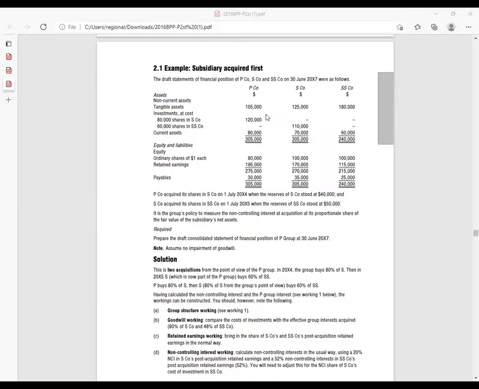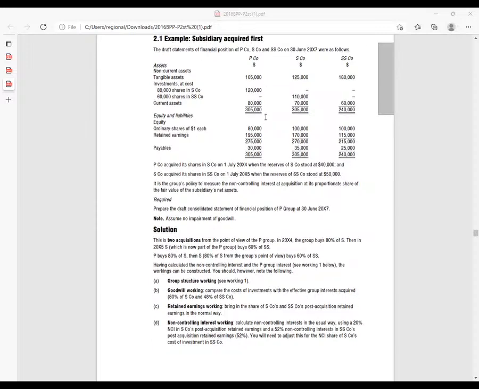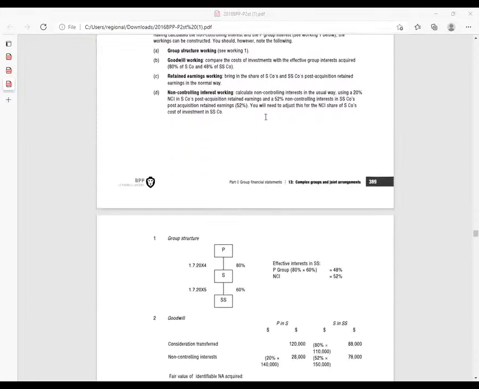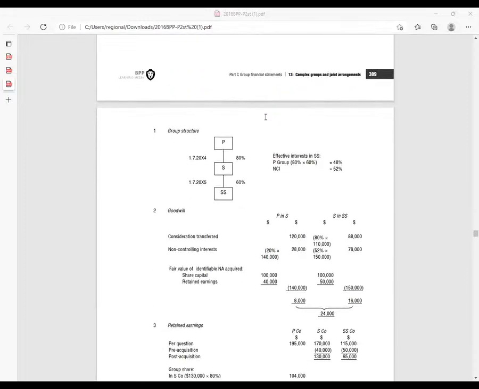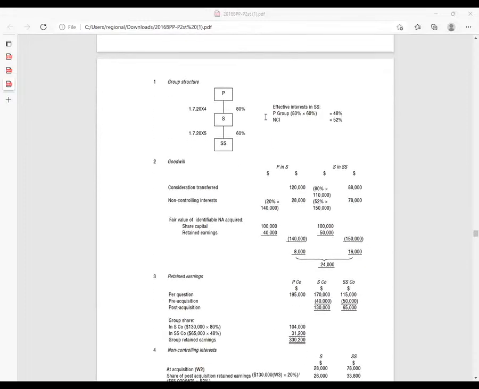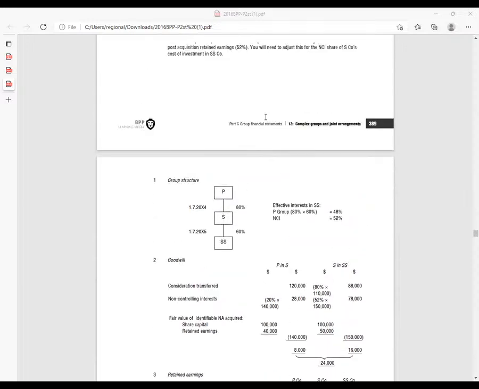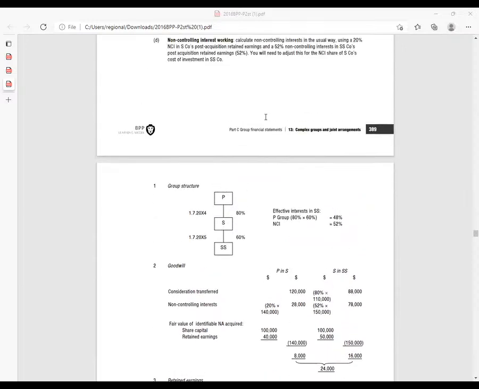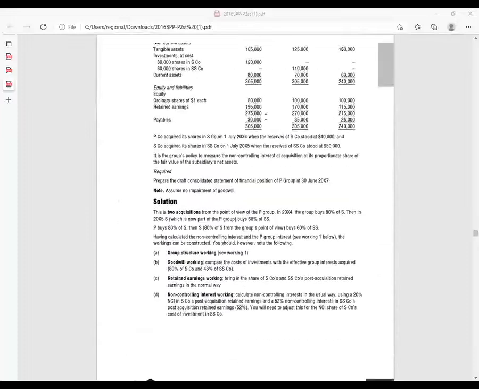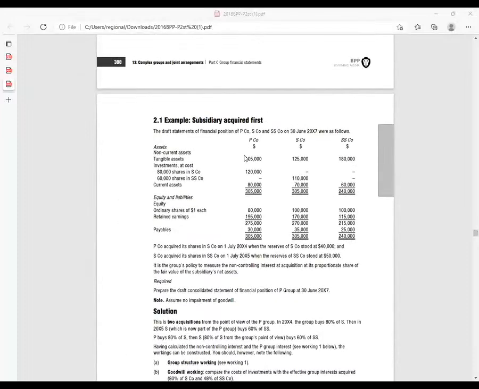No worries. So is there anybody who is able to get those net assets? Net assets of SS company.